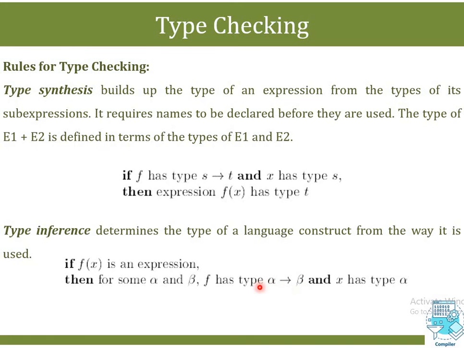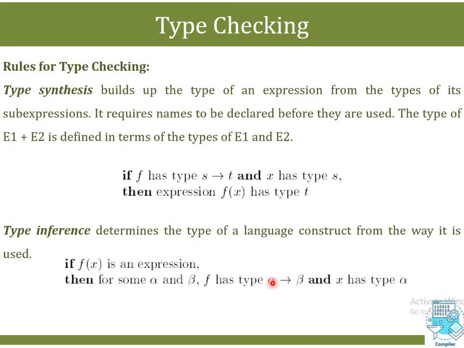So it means that f is accepting the input of type alpha and it is returning of type beta. Okay, so if this is the case, then obviously x type should be alpha.